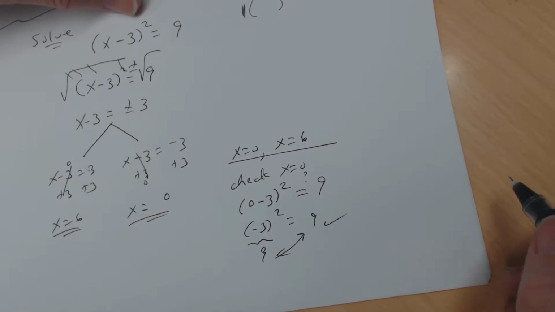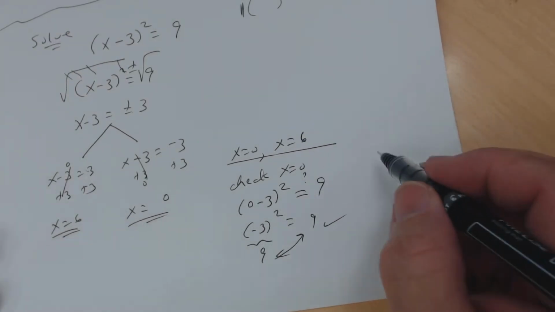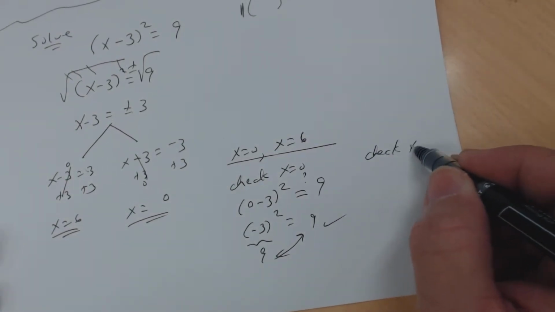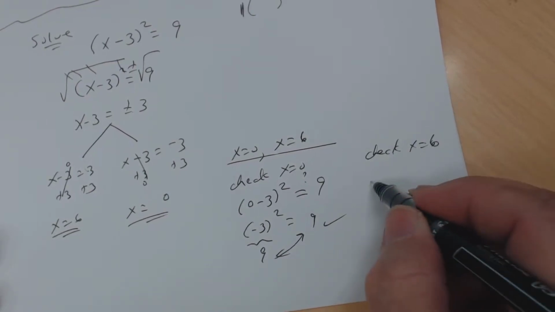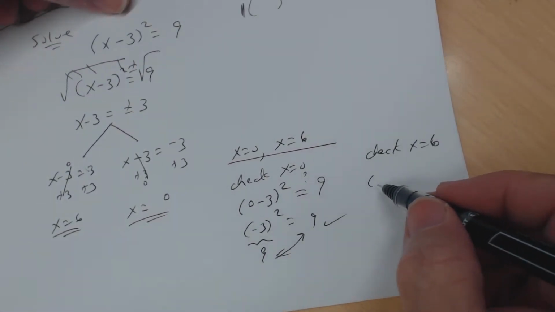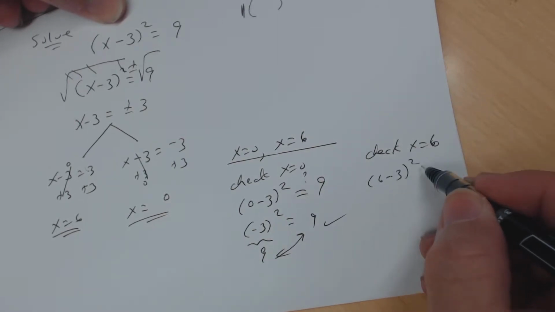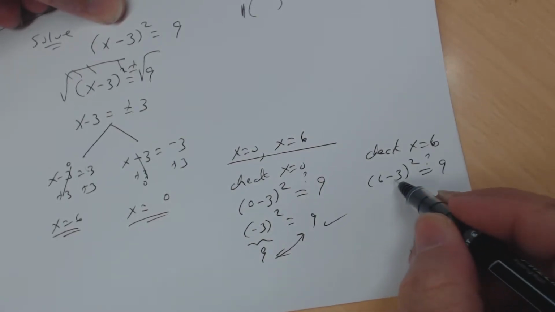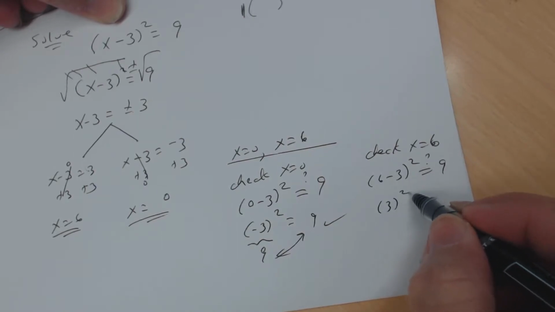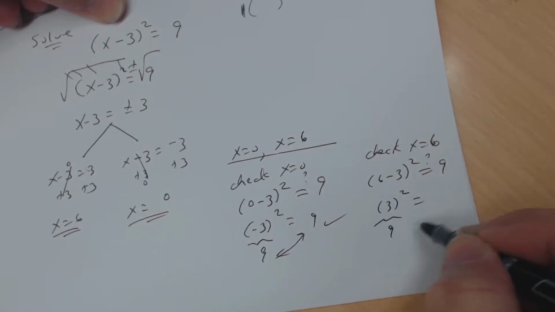So they do equal. And you could have done the same thing with 6. If you want to check x equals 6, again, go back to the original. So 6 minus 3 squared, and you want to see if that's going to equal 9. 6 minus 3 is 3, and 3 squared is equal to 9.